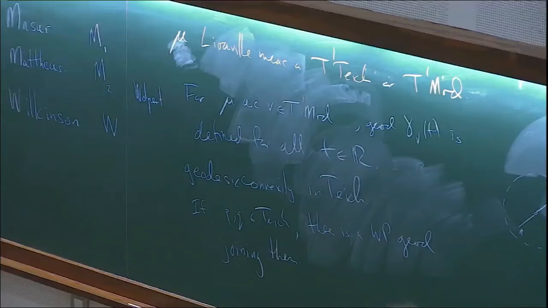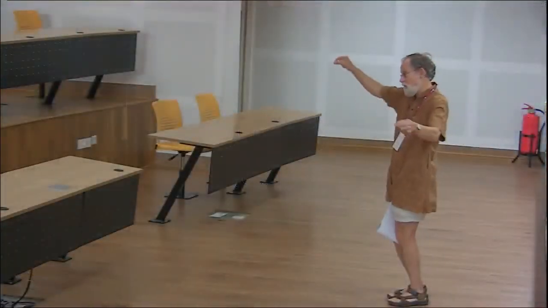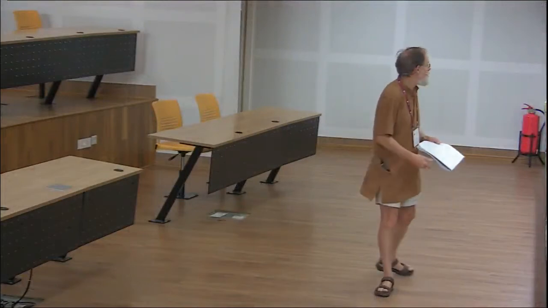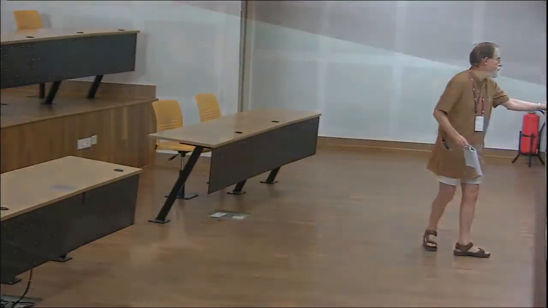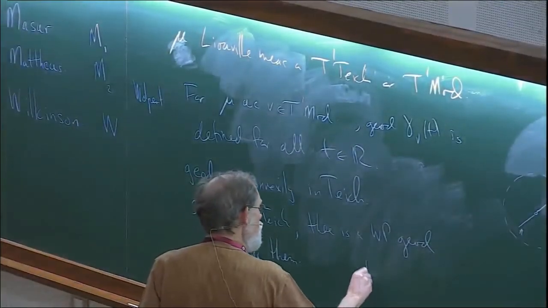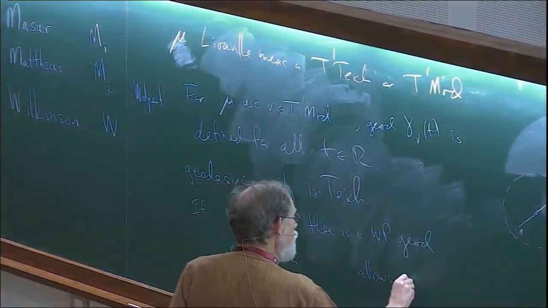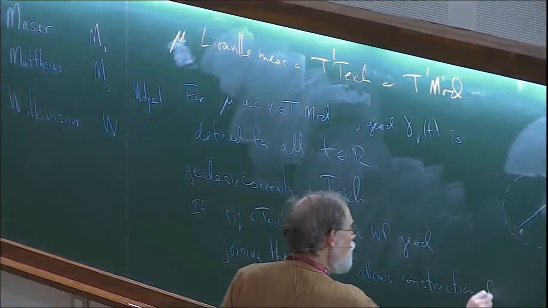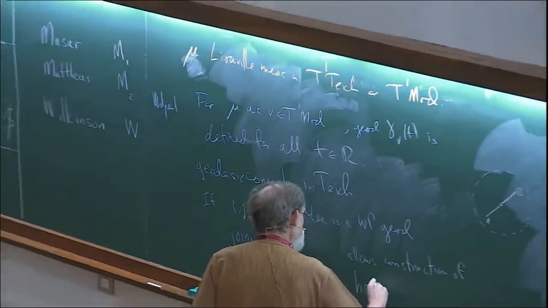So as long as I start and end in Teichmüller space, I can do it. And then there will be a unique geodesic. Once you have this observation, this allows construction of horospheres.